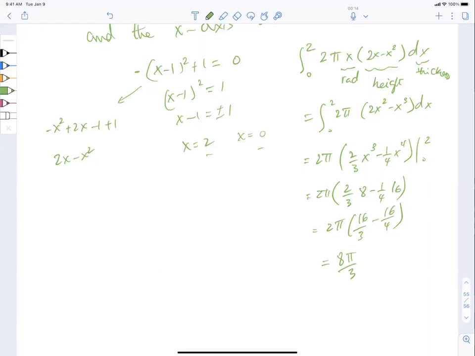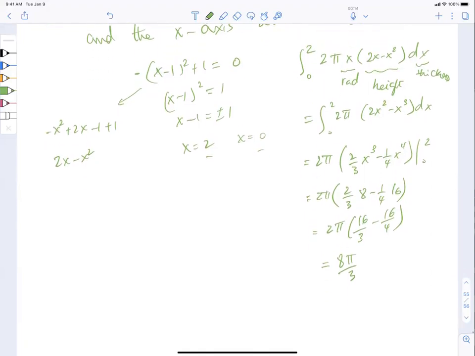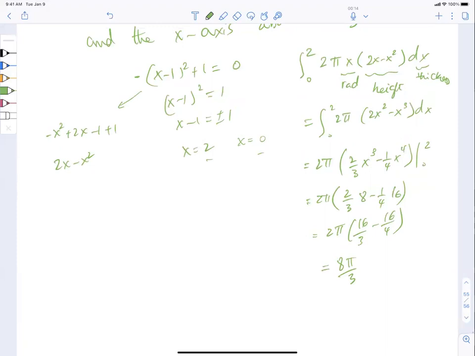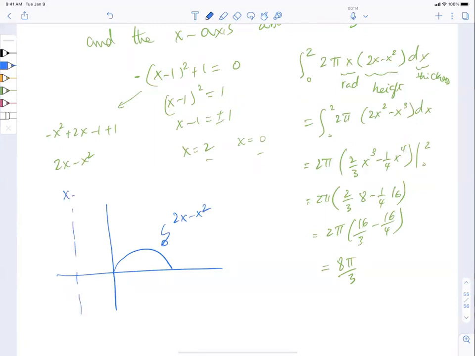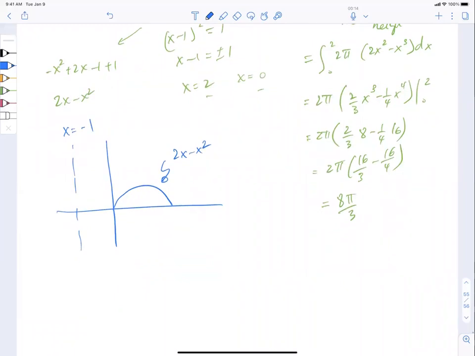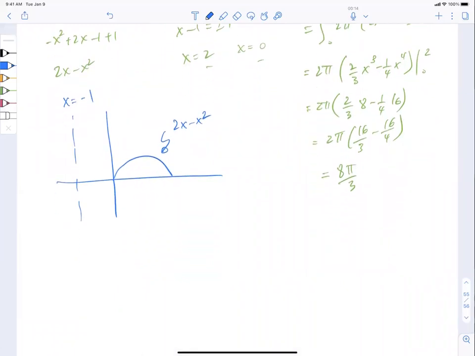Now, what would happen if, instead of rotating about the y-axis, I chose to rotate the same graph, which we established is 2x minus x squared, about x equals negative 1? What would happen there? My bounds don't change. The bounds still are from 0 to 2, because that's how you're measuring where your function is.